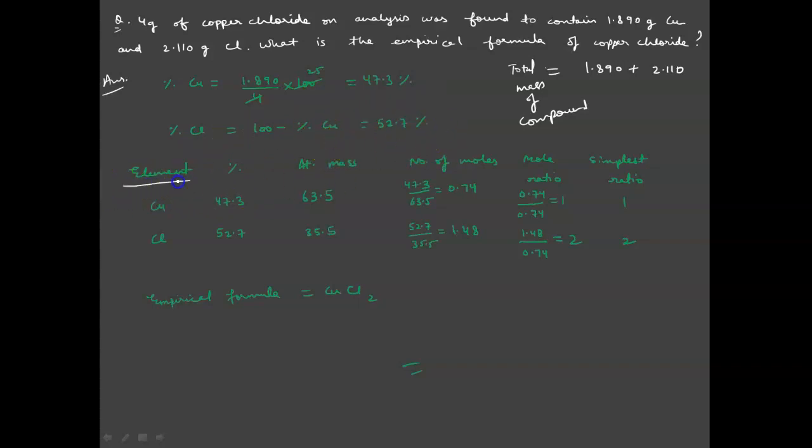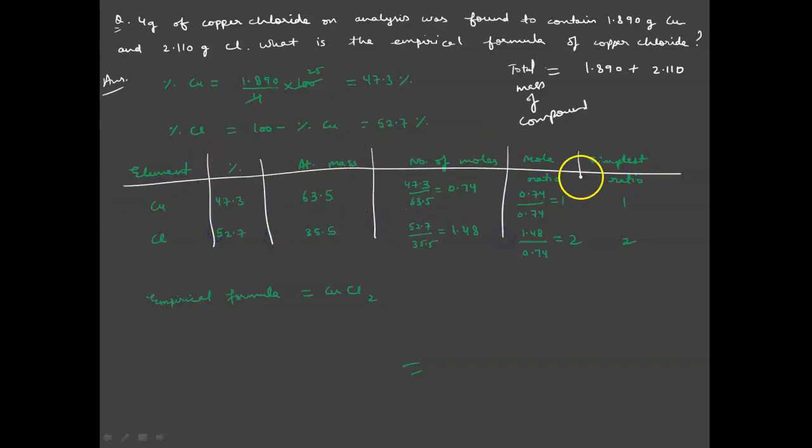Now again we will make the same table: element, percent, atomic mass, number of moles, mole ratio, simplest ratio. Elements are copper and chlorine. This is 47.3, and chlorine 52.7. Atomic masses 63.5 and 35.5.